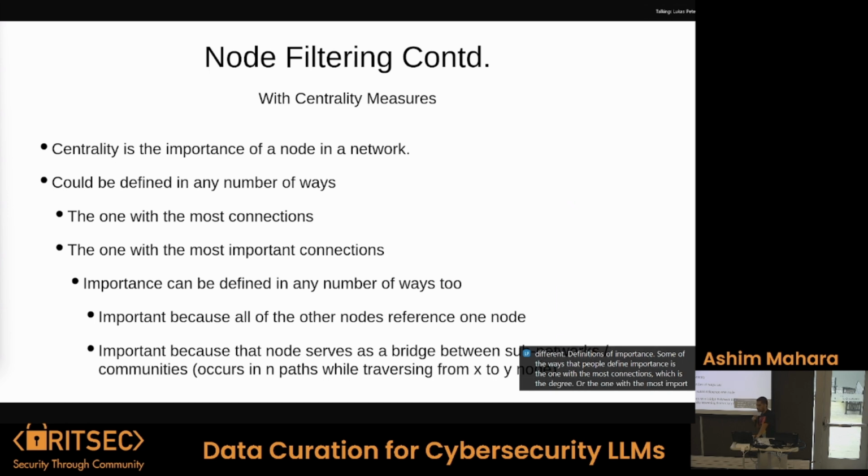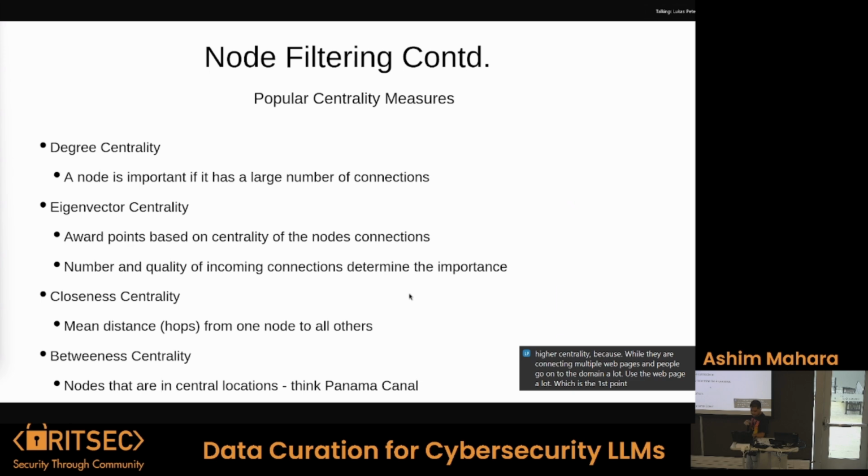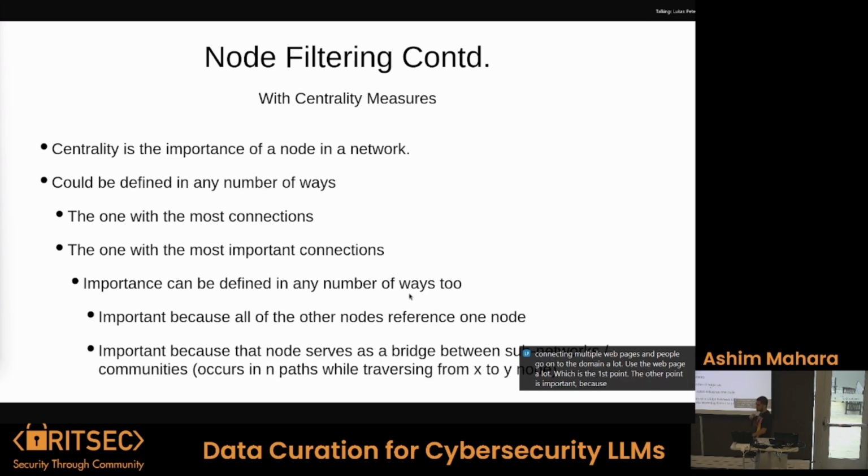If a search engine connects multiple web pages, it might have higher centrality because people use it a lot, which is the first point. The other point is that the node serves as a bridge between subnetworks or communities.